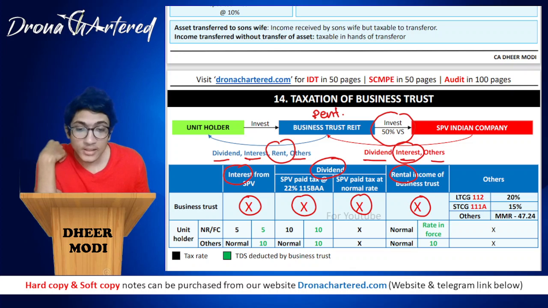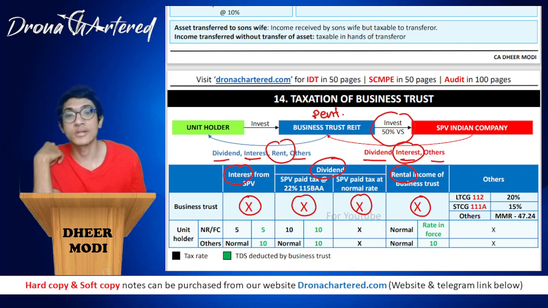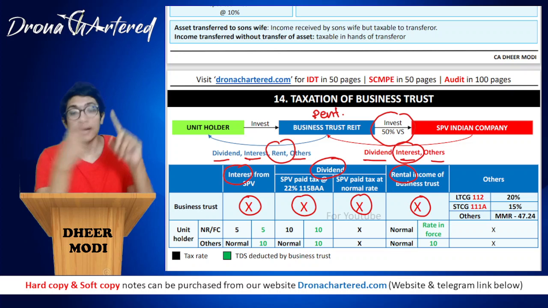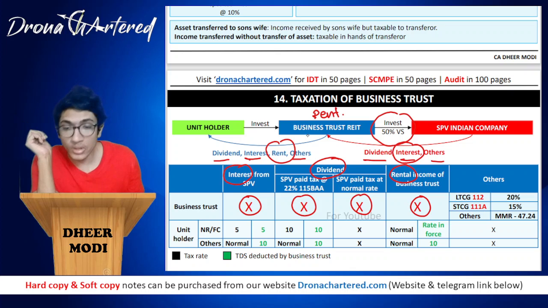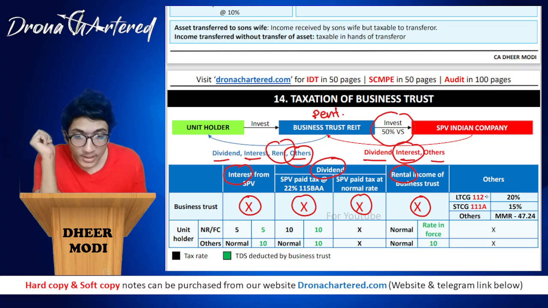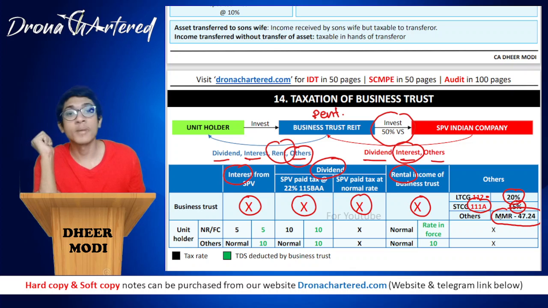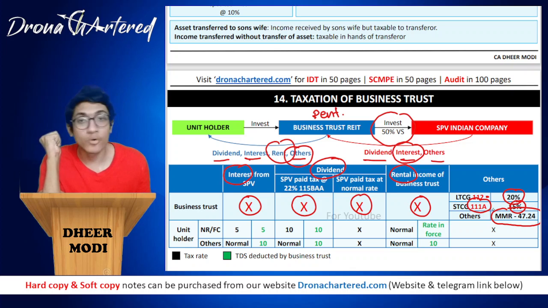Only other income, your LTCG and your STCG, will be taxable to the business trust. Other income, that is your LTCG under 112, will be taxed at 20%. Your 111A will be taxed at 15%, and others will be taxed at the maximum marginal rate of 47.24%.